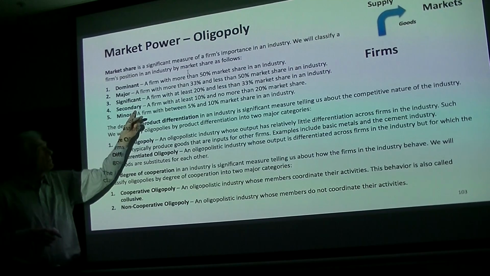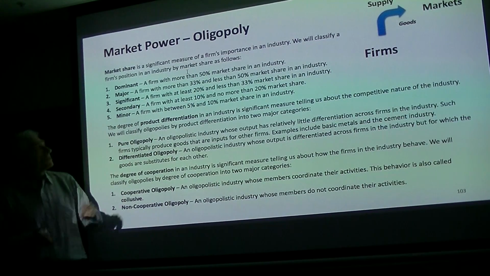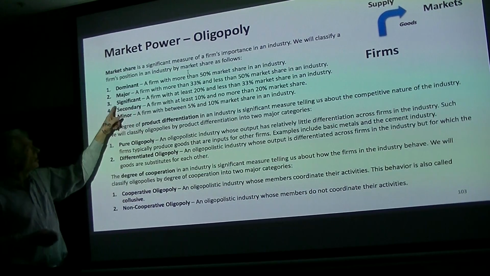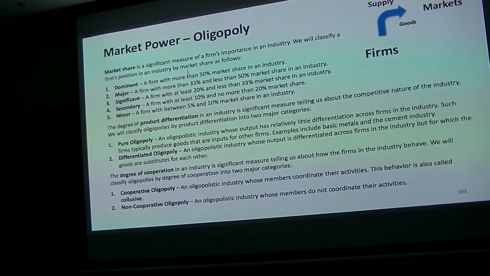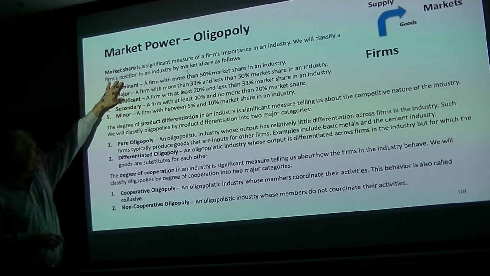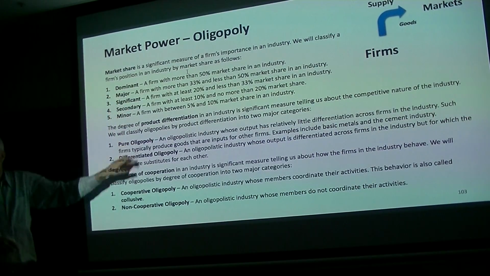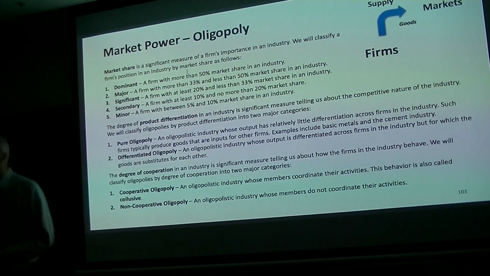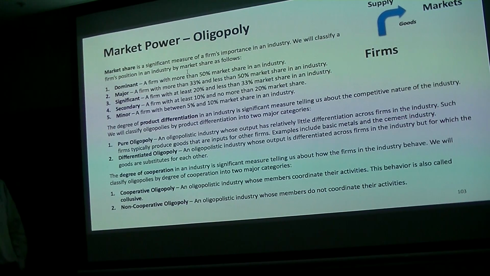If it's very fragmented, then maybe all of the firms in the market are secondary. So that's the degree of fragmentation or of market consolidation: moving up from here, a more consolidated market, and moving down, a more fragmented market, depending upon the nature of the market.